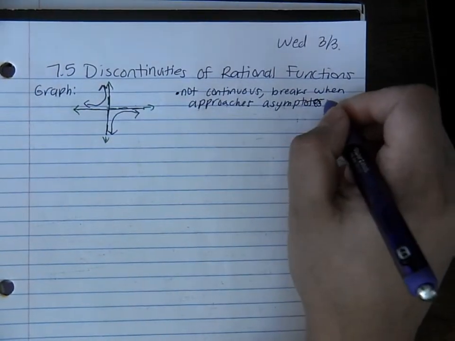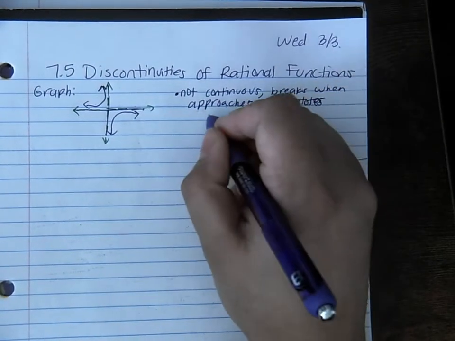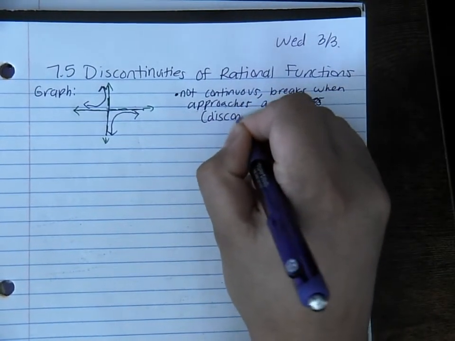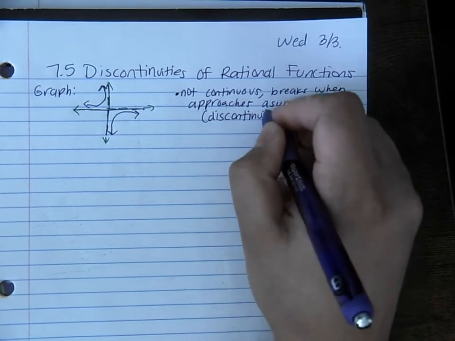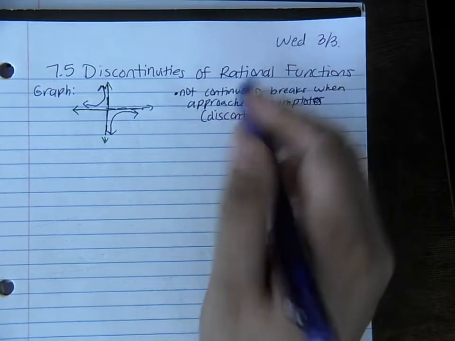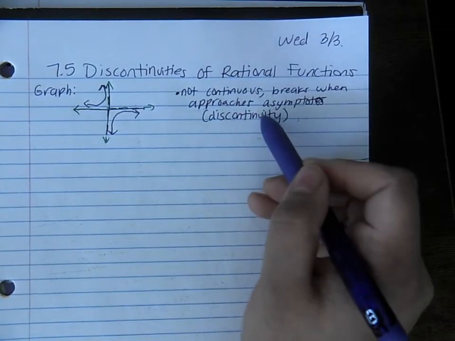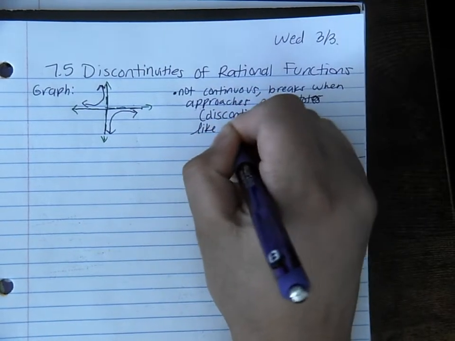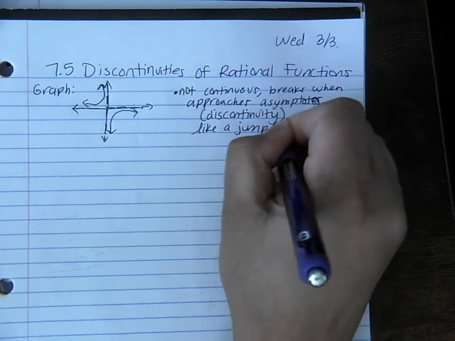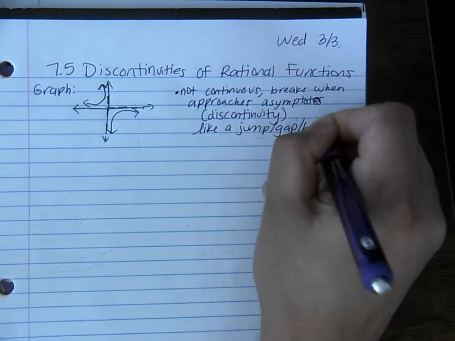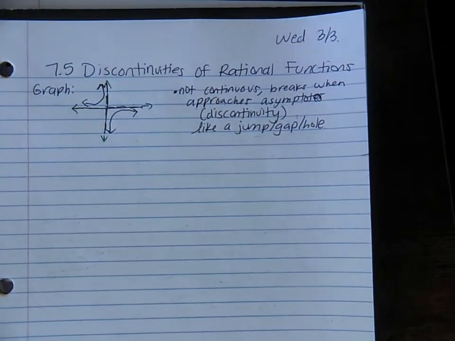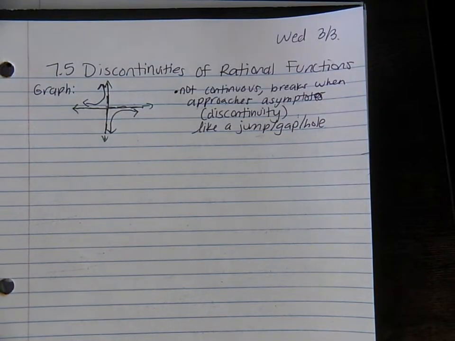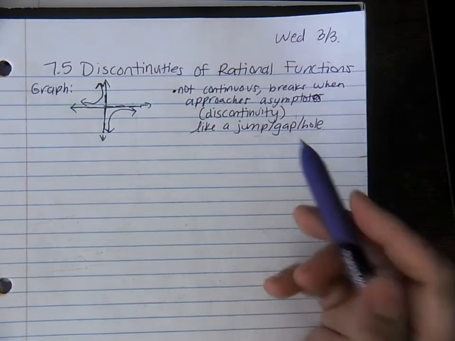Specifically, these breaks or gaps are called discontinuities. Okay, so we are going to actually find these discontinuities. It basically is going to be like a jump in the graph or a gap or even a hole. Those are different ways to describe a discontinuity.